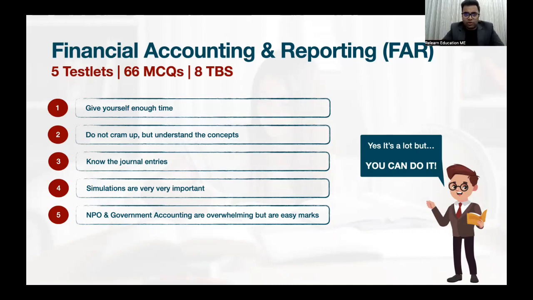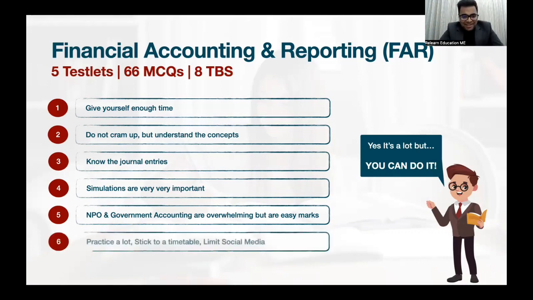If you take it slow, and when you do one concept, take some questions for the same concept so that you'll know how to apply this concept as a theory into the practical scenario, right? So take NPO and government accounting very, very slow. Yes, it is overwhelming, but these are easy marks in your examination, right?